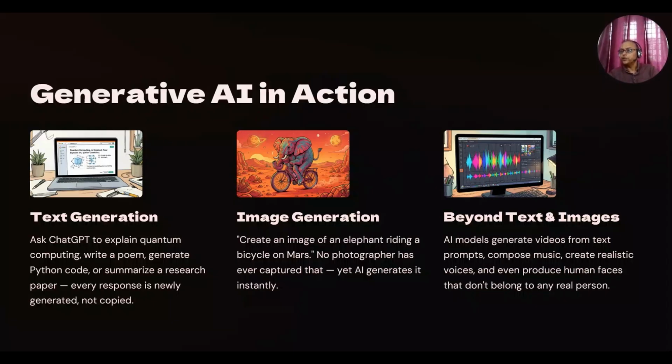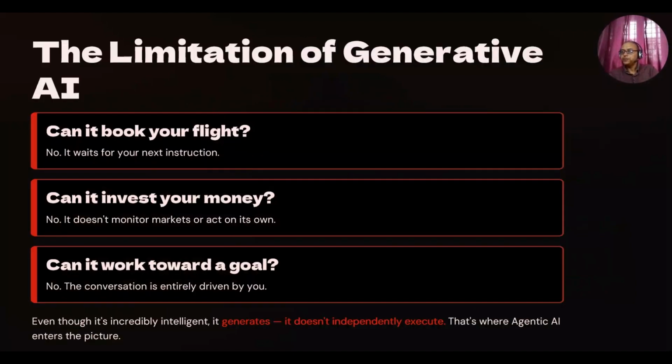Others generate music. Some generate realistic voices. GANs can even create highly realistic human faces that don't belong to any real person. The common theme is simple. They all generate content. And that's exactly what generative AI was designed to do.